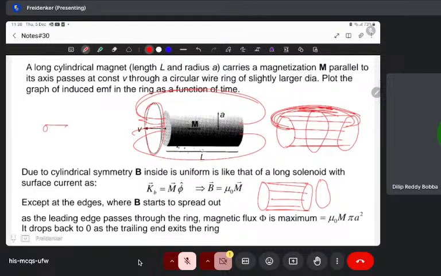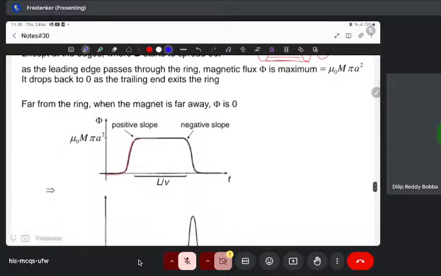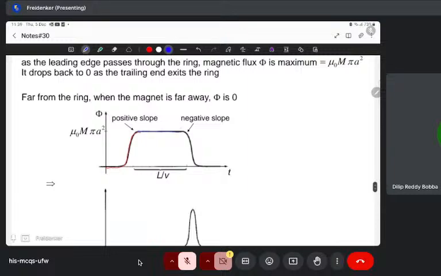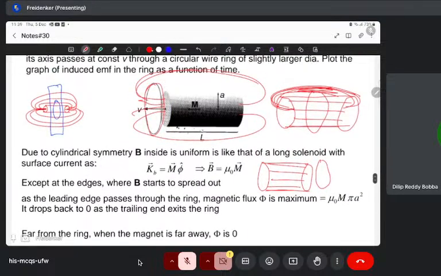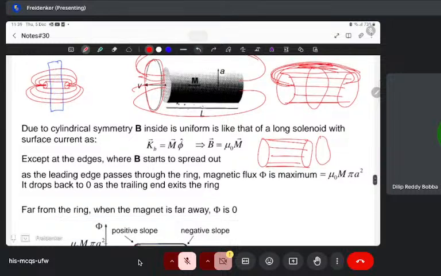If I have a magnet, in this region it's almost parallel. You don't find any change. The number of field lines passing through the loop will almost be the same. So the flux is constant. But finally, when the magnet moves out of the loop, and as the magnet goes to the left, the number of field lines passing through the loop will decrease.